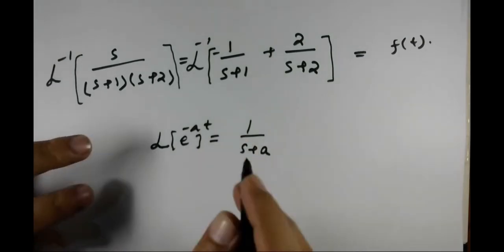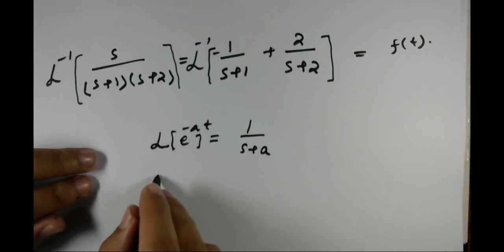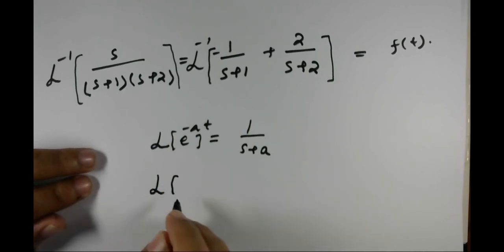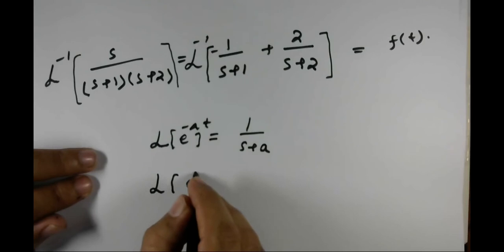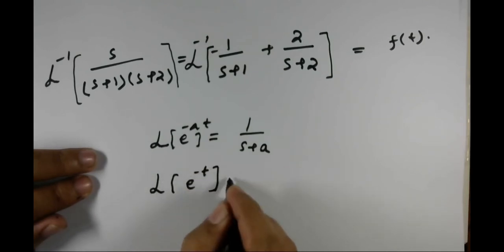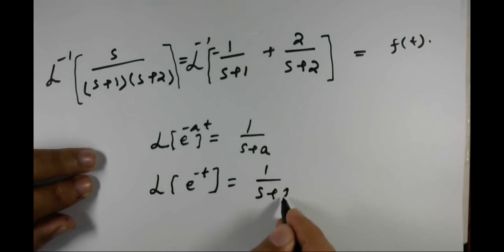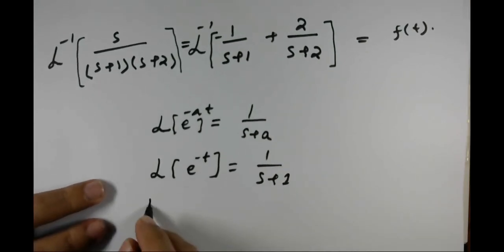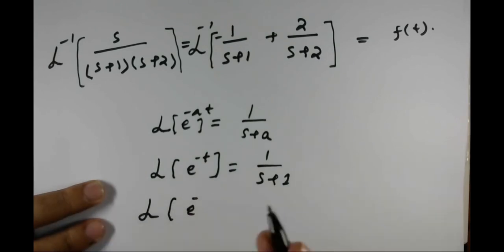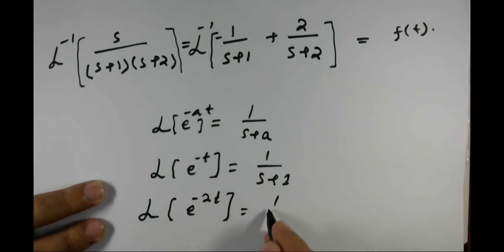So let's play with this a little bit. What will happen if a is 1? Then this will be e raised to the power minus t, and this will be 1 by s plus 1, right? If it is e raised to the power minus at and a is 2, then this will be 1 by s plus 2.